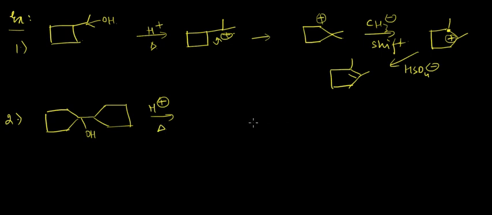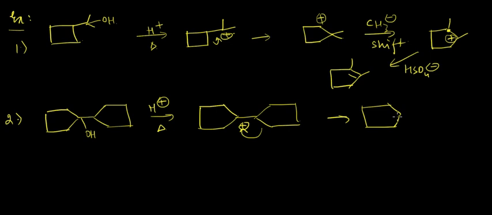We will get something like positive charge comes here. This is the intermediate. Now what will happen is this bond will shift here to have a ring expansion, and a cyclohexane will be formed here.